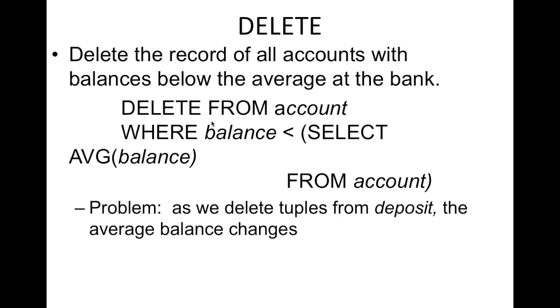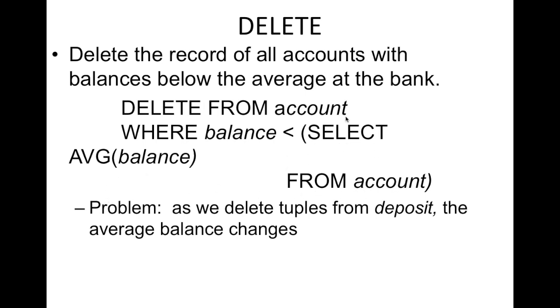Now let's look at the delete. We want to delete the records of all accounts where the balances are below the average at the bank. So delete from account where balance is less than, select average balance from account.